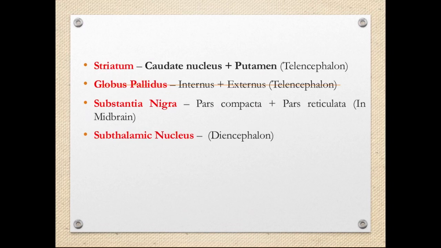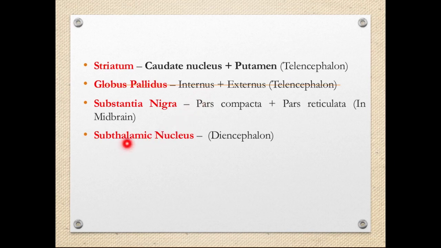Then putamen is lateral in location, and medial to the putamen, exactly in juxtaposition or attached to the putamen on the medial aspect, is globus pallidus. The outer part of the globus pallidus is called globus pallidus externus and the inner part is called internus.